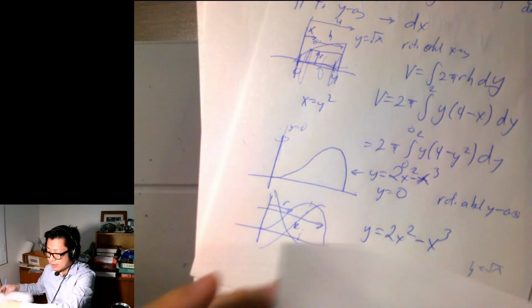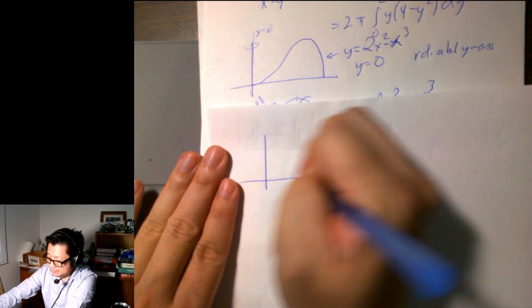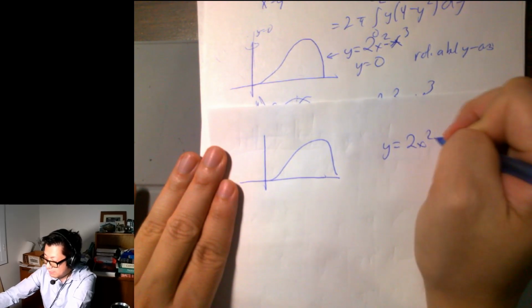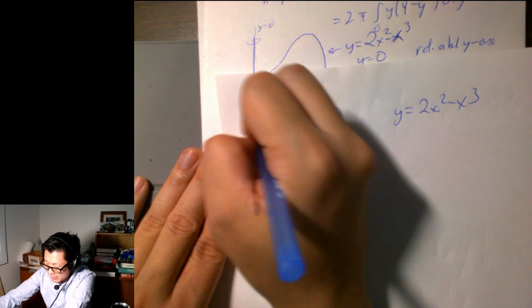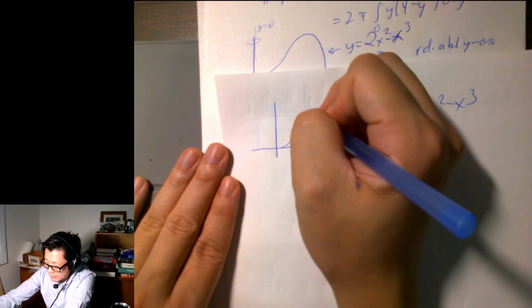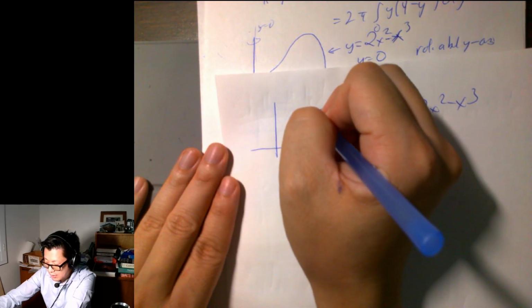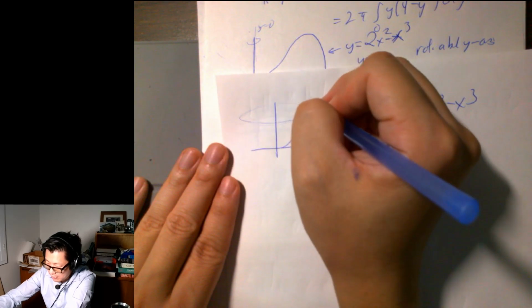What does it look like? Well, let me redraw the shape. Reminder, y equals 2x squared minus x cubed. So I'm rotating it this way. And so instead of it being a washer this way, it's going to be a sheet of toilet paper.